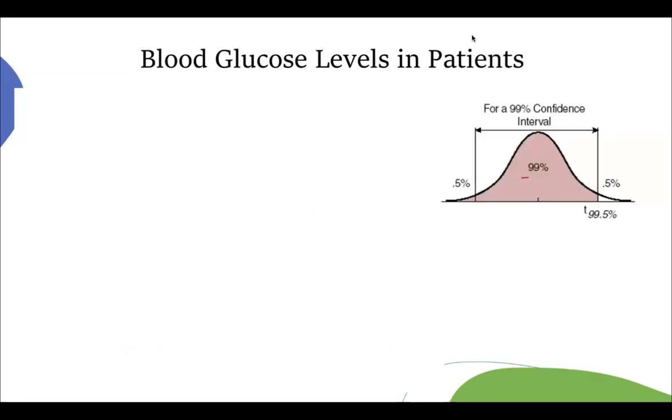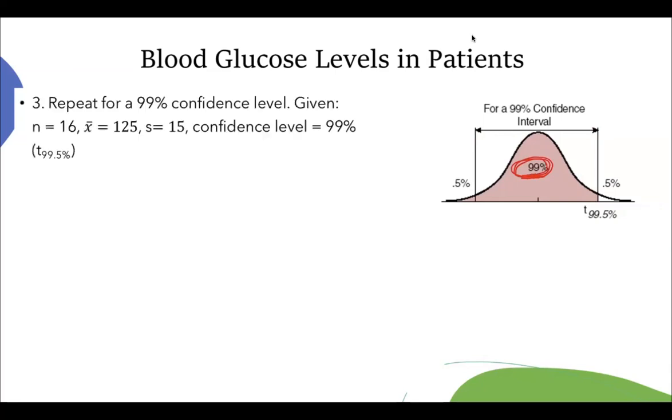Now we're going to repeat this with a different confidence level. We're going to increase our level of confidence, and we saw what happened in the previous lecture. Things changed in the confidence interval that came out after we changed our level of confidence. So let's see what happens here. Recall that from the picture that I showed you before, if you block off 99% of the center, then the area that is to the left of this vertical line is 99.5%.